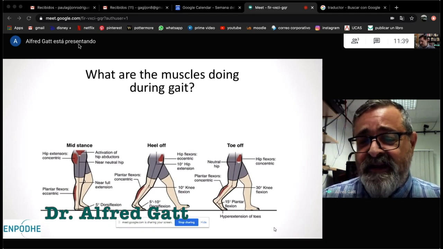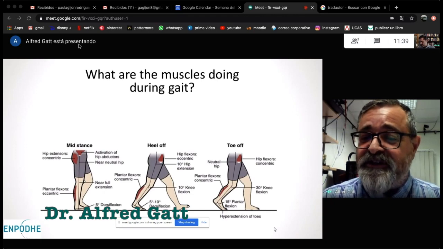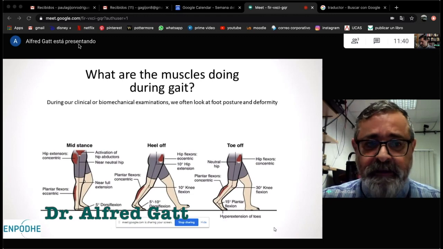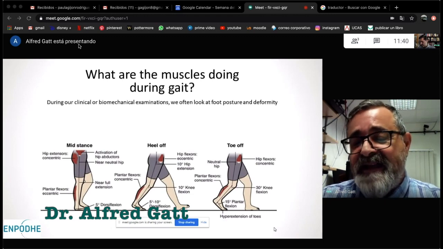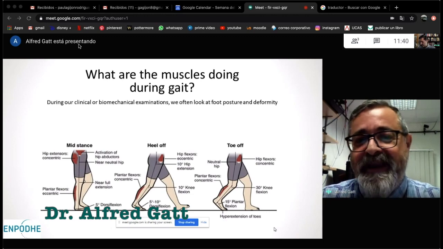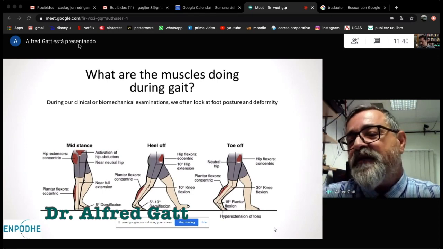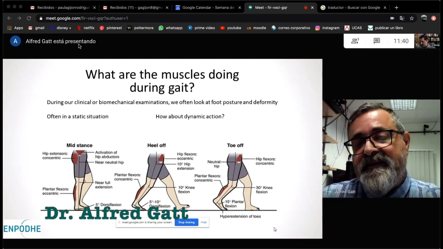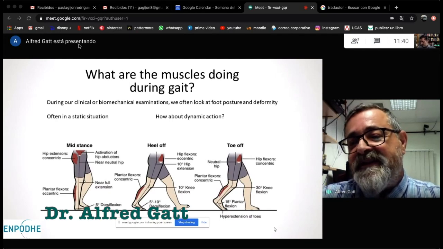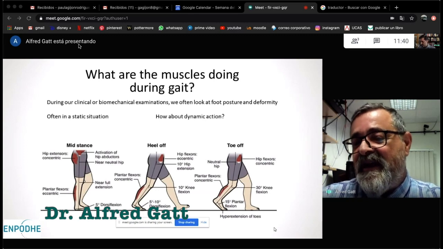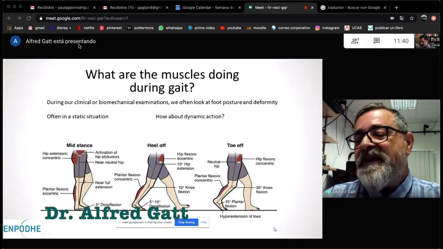So basically, as we know, our muscles function differently throughout the various phases of the gait cycle. As podiatrists, when we do our biomechanical examinations, we often look at foot posture and foot deformity, and often we look at these through a static situation, and very rarely at what happens during actual gait.